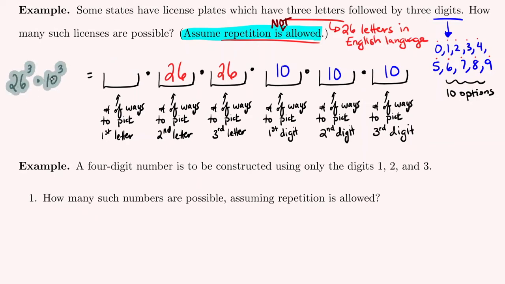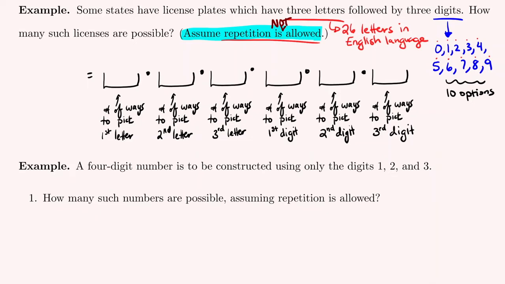It's still going to be a license plate made up of 3 letters followed by 3 numbers. But now we can't repeat, so I can no longer have license plates like AAA 111. I could have license plates like ABC 123. So any digit or letter that appears once can never occur in subsequent locations of the license plate.